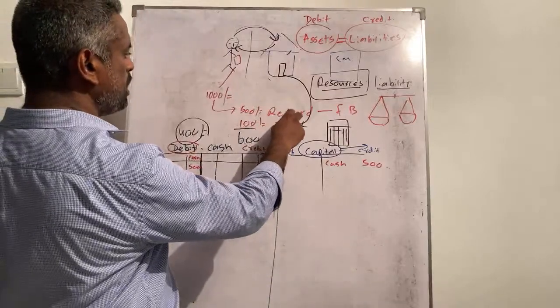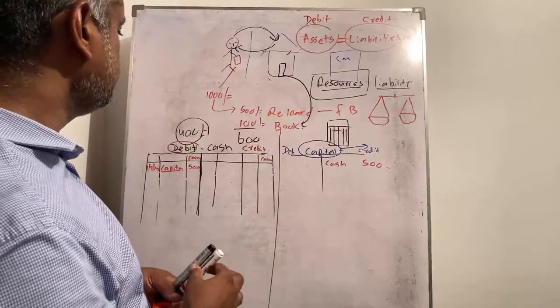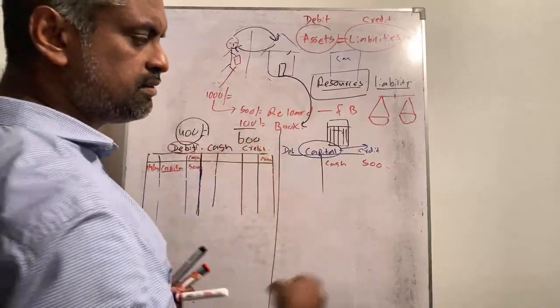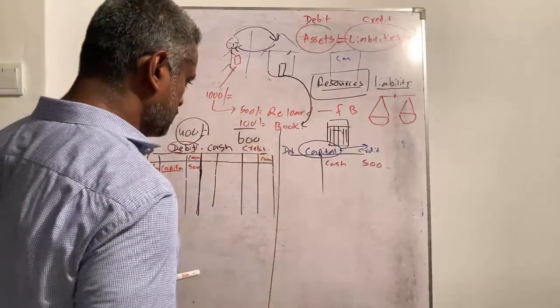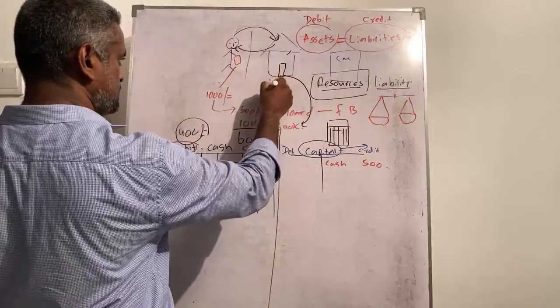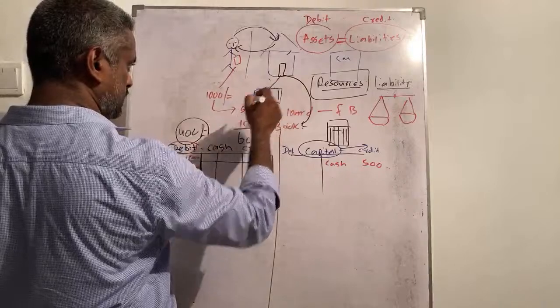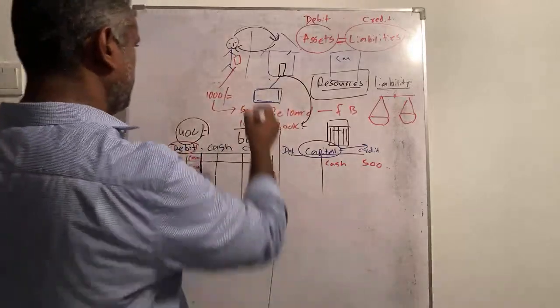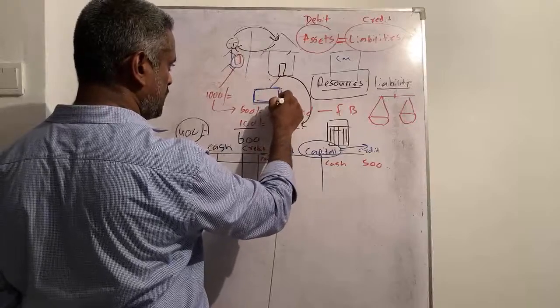Then for the reload, you are paying 500 rupees. Then the cash is credited, cash went out, not from the pocket now. This is inside the locker. The business has a locker, let's say, assume, not the pocket. You have the pocket individually; the business has the locker inside.